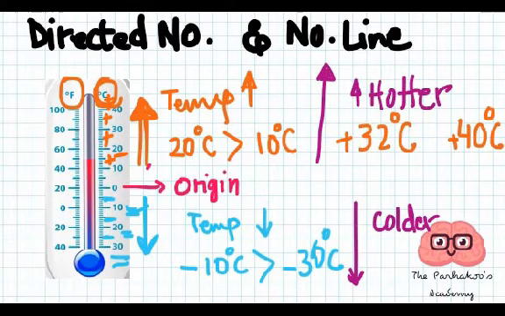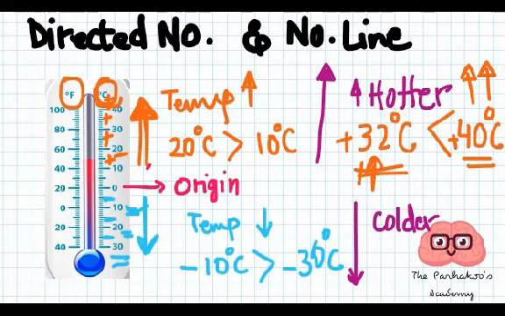So 40 degrees Celsius is greater than 32 degrees Celsius. That means on the day when the temperature is 40 degrees Celsius, it's going to be really hotter as compared to the day when the temperature is 32 degrees. It's going to be less hot.